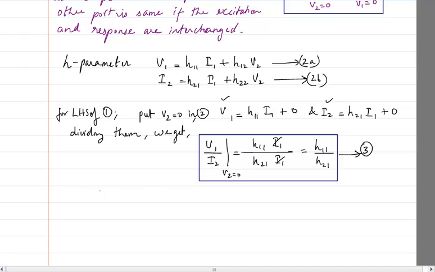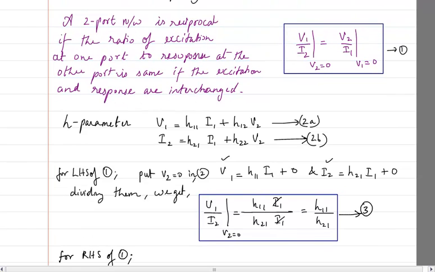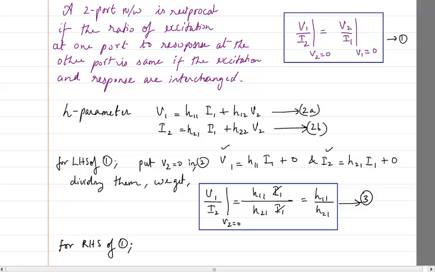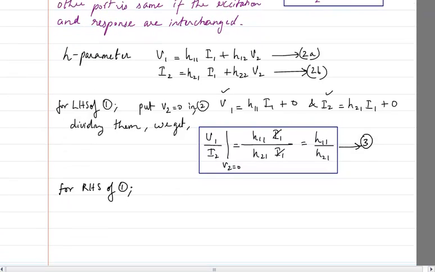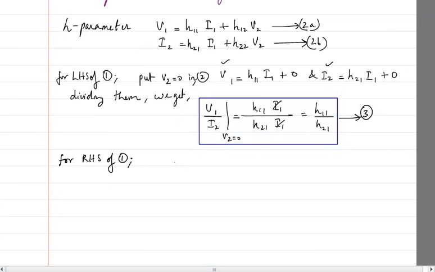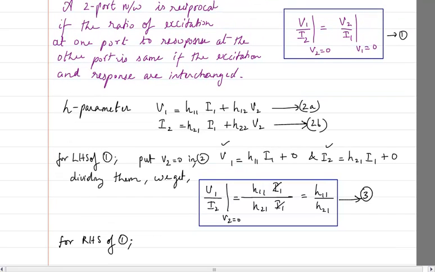Next, for the right hand side of equation 1, we have to put V1 equal to 0 and find V2 by I1.